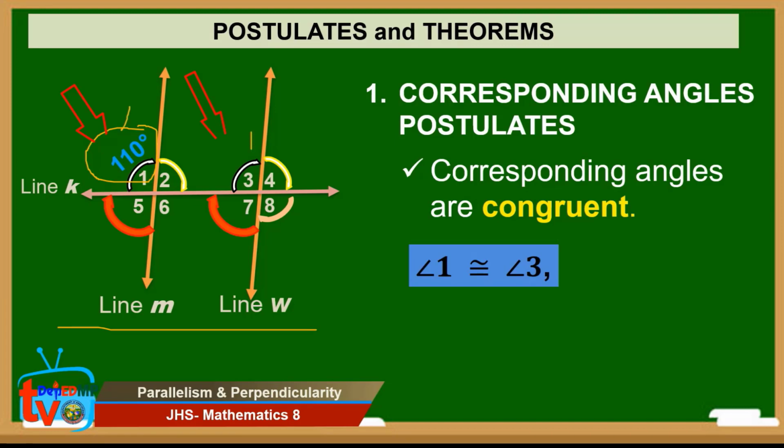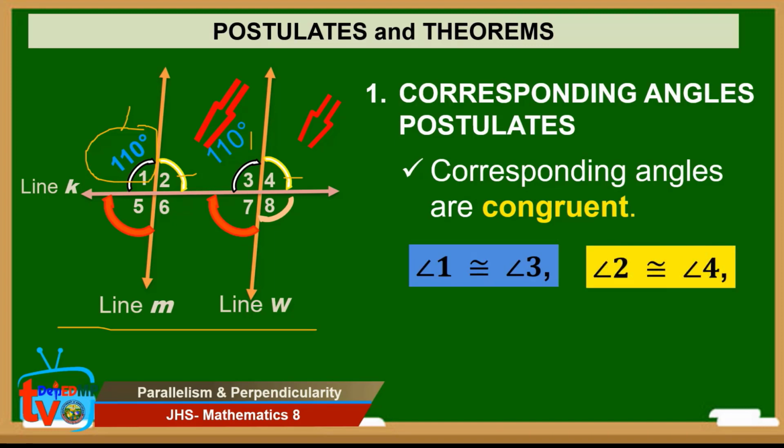So, if angle 1 is 110 degrees, then angle 3 is equal to 110. In similar way, since angle 2 corresponds with angle 4, then their measures are also the same. If angle 2 is equal to 70 degrees, then angle 4 is also 70 degrees.